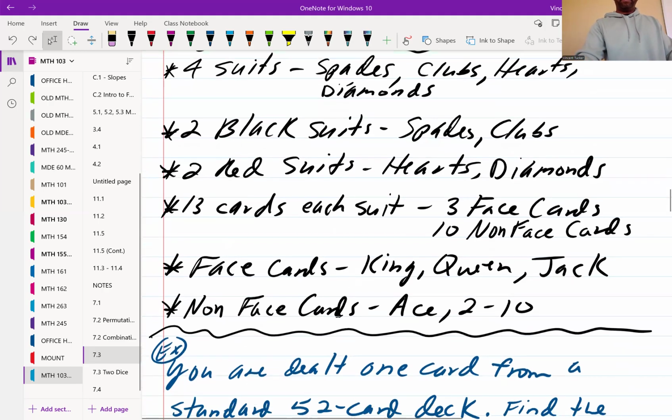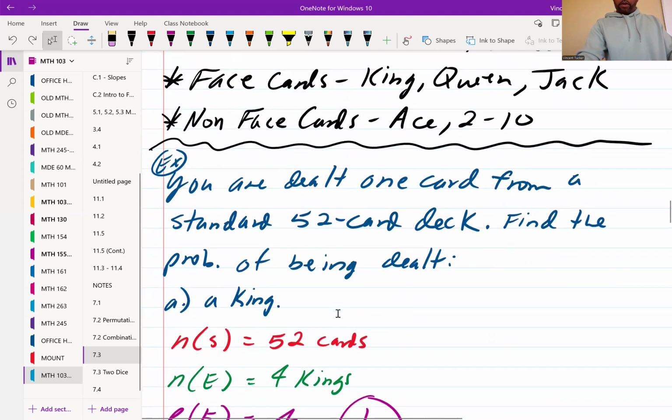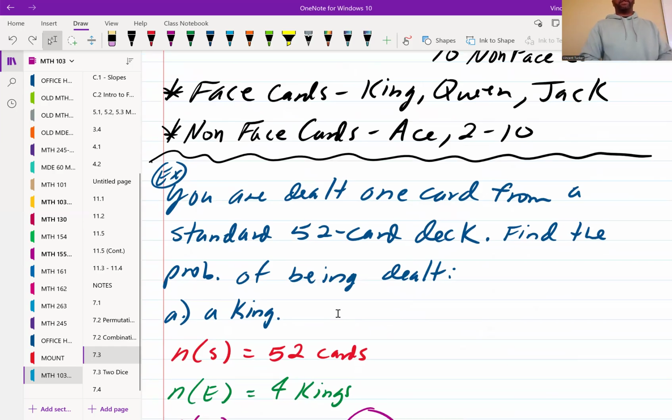All right. So if you dealt 1 card from a standard 52 card deck, you dealt the king.